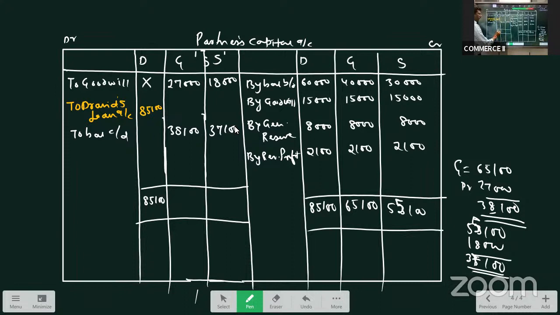Okay, so this is how it would be, 65,100 and 55,100.